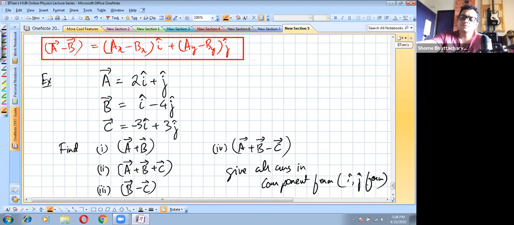So this is as simple as your regular arithmetic. There's nothing at all difficult. You just have to be careful of the algebraic signs. For example, what are the components of b? They are +1 and -4.